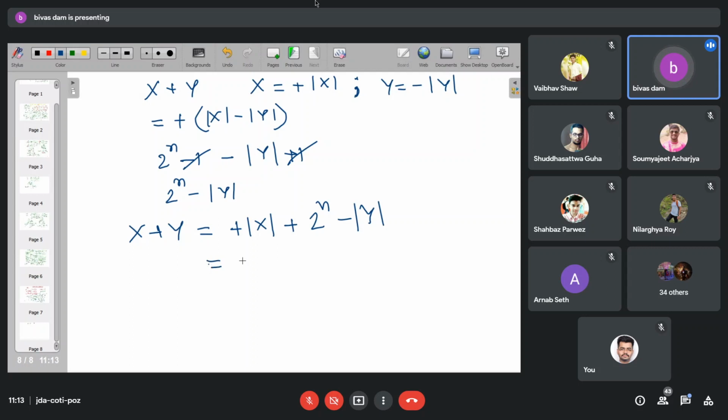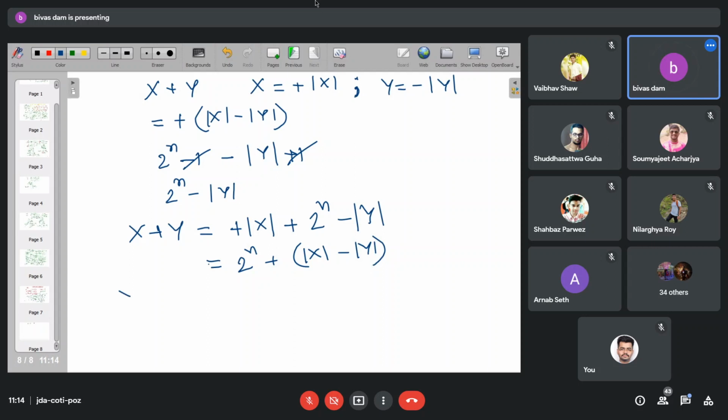So that is nothing but 2 to the power n plus mod x minus mod y. Is it clear? Yes, sir. Now, there will be three cases. There will be three cases.